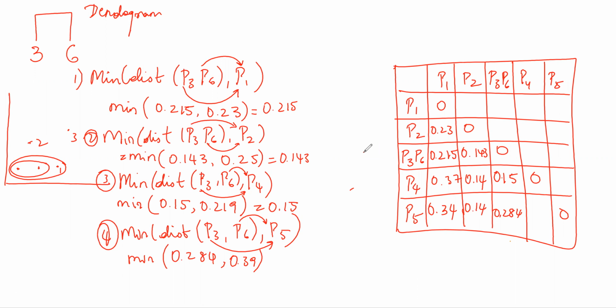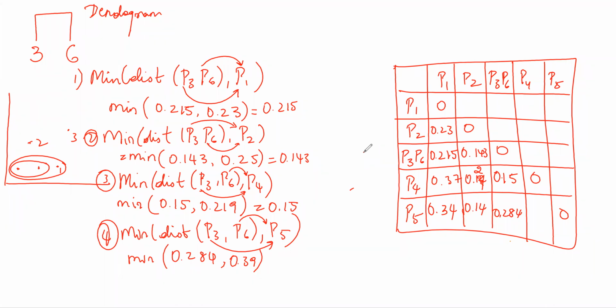It's 0.14. What is P4 to P2? I think it is 0.2. Yes, that's 0.2. I think I had written it wrong. Are the other values right? Okay.